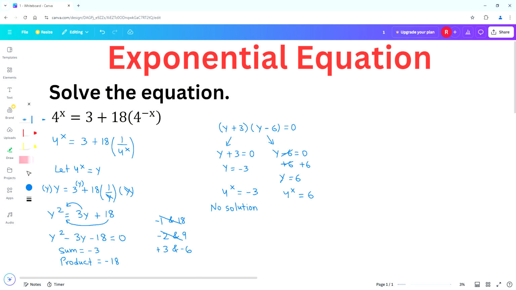We can move x down from the exponent level by changing this exponential form into log form. The base of the x is 4. We can move 4 to the right side of the equation and make it the base of log 6. We can simplify this log term using change of base formula.